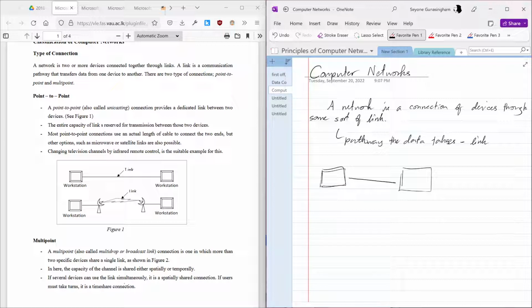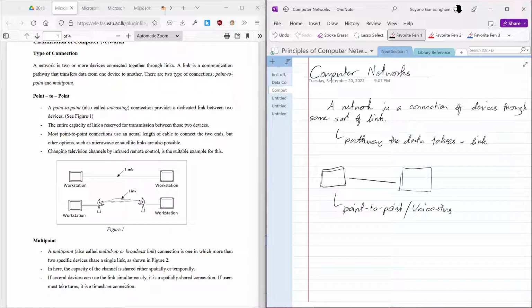There's your headphones and there's your phone. So it's a point to point connection, right? A point to point is also called unicasting.